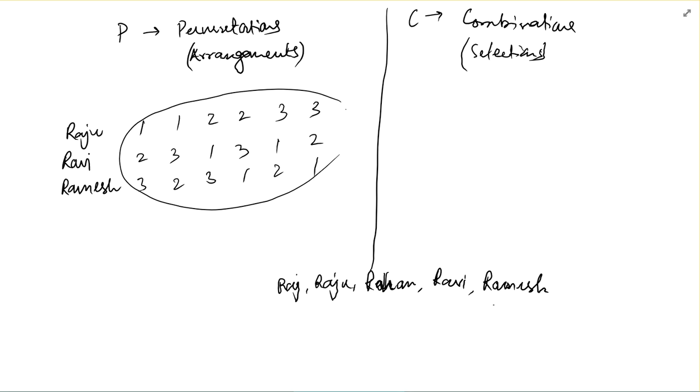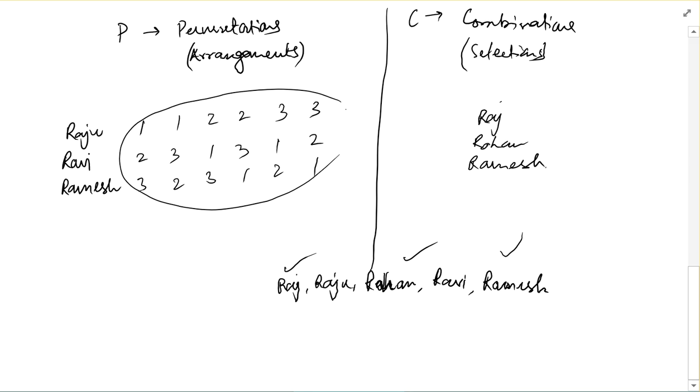Whether first will be Raju or second will be Ravi will not be required. Only selection will be sufficient. So that is the case of selection. Say Raj, Rohan, and Ramesh are picked, and as soon as I have picked three people, I am done. So this is the difference between arrangements and selections.